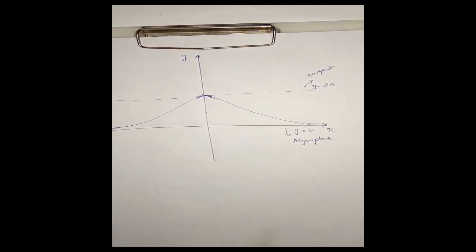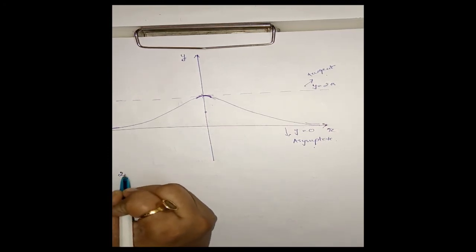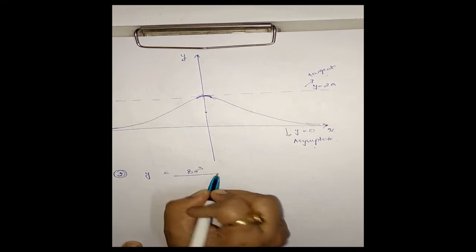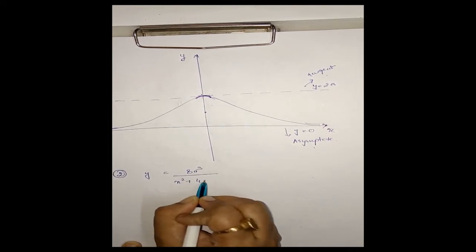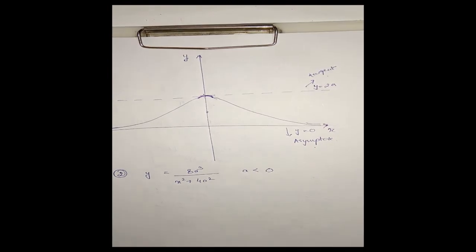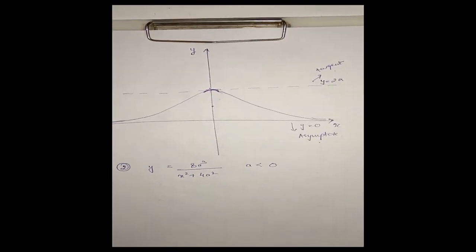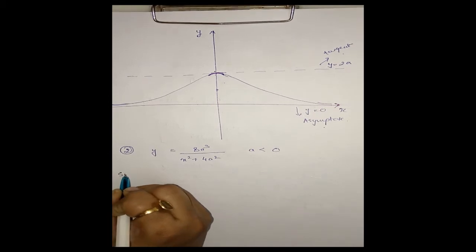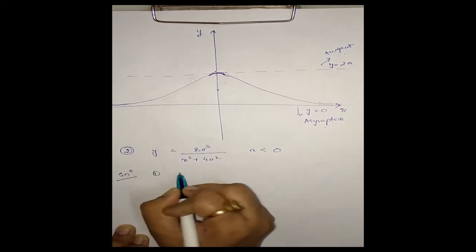Now second, if I have the same curve, y is equal to 8a cube by (x square plus 4a square), and instead of a positive, we are given a is negative here. Now we have to trace the graph of this given curve. Symmetry is same.